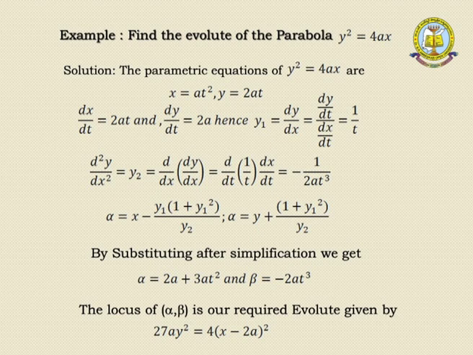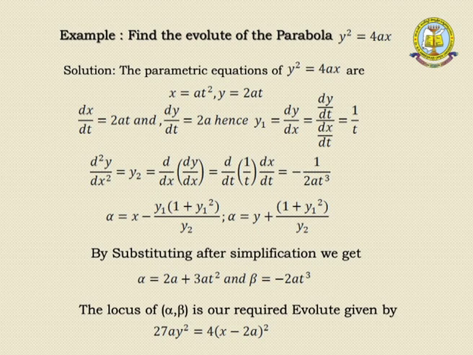From this we get dx/dt = 2at, dy/dt = 2a. So, dy/dx = (dy/dt)/(dx/dt) = 1/t. Again, d²y/dx² = −1/(2at³).